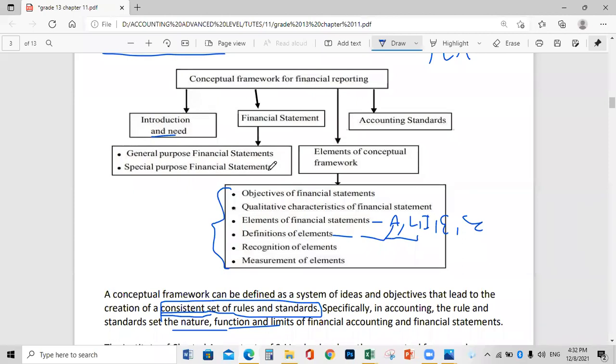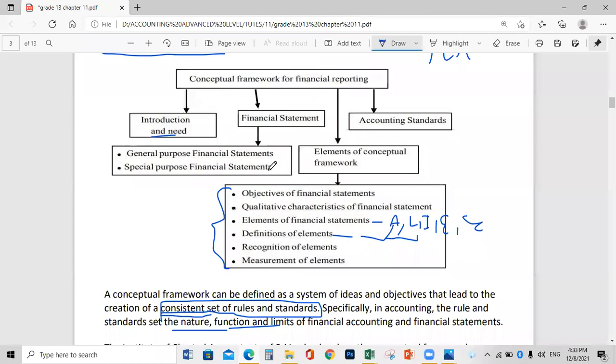For example, you don't specifically think of someone and prepare this. You check everyone's common needs, all the stakeholders' common needs, and you prepare it. Let's say you have the government as your stakeholder, customers, competitors. You don't think, I'm preparing for the customer.